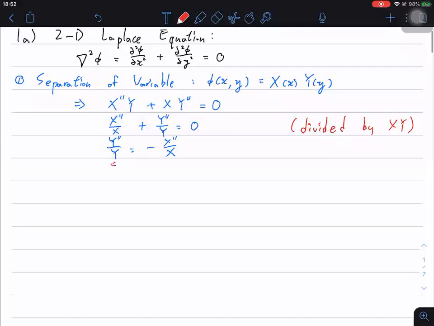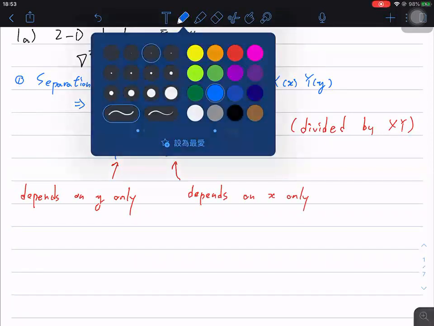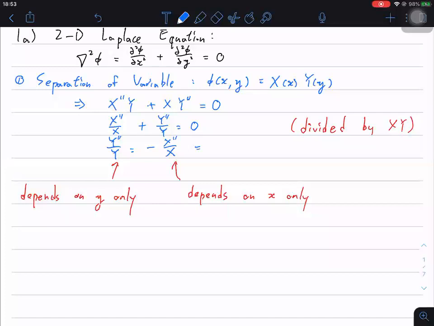Okay, now let's take a look. For the left hand side, Y double prime over Y, since Y is a function of y only, we know that the left hand side depends on y only. However, for the right hand side, X double prime over X, it clearly depends on x only. So for left hand side to equal right hand side, the only possible way is for both to equal a constant alpha.